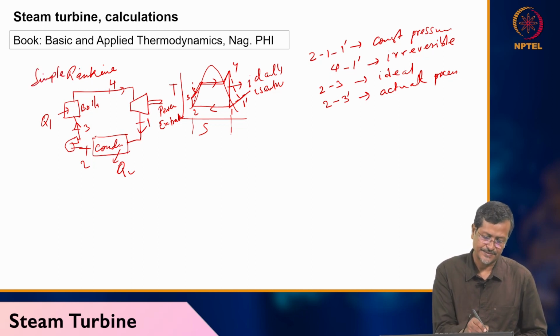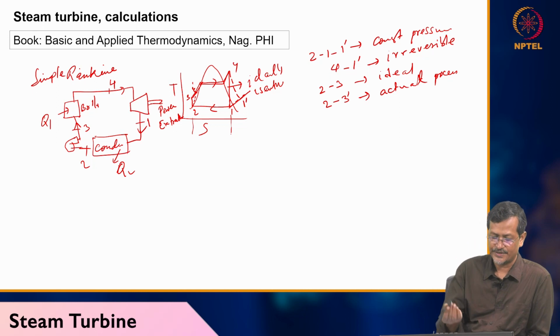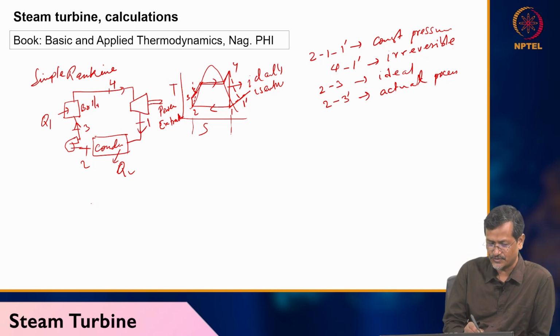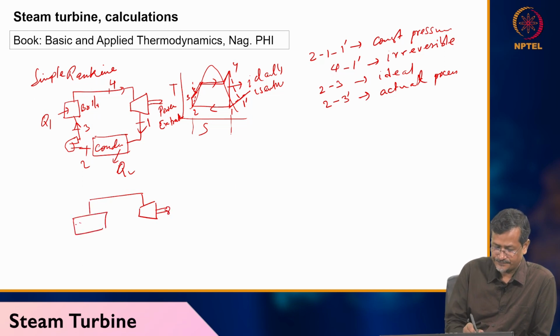I can say simple Rankine cycle, but we discuss regenerative and reheat also. Reheat, like I have one turbine, I have a boiler. From the turbine, steam will be going to the boiler, it will be reheated, and again it will be going to another turbine.